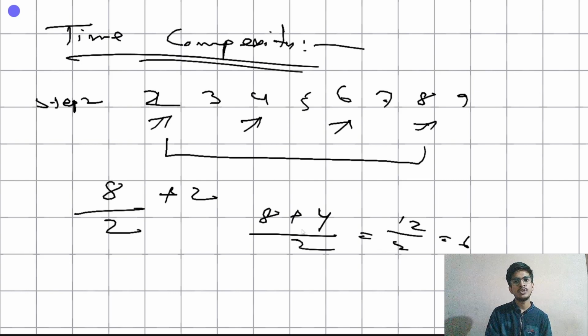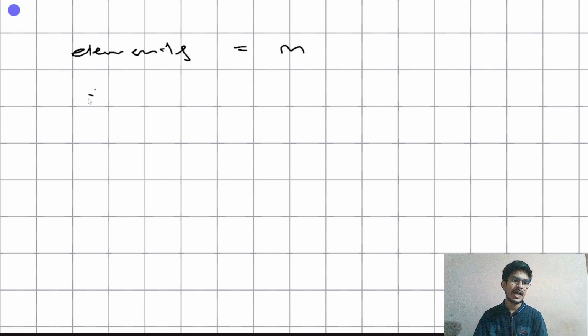Now assume we have n elements, equal to n, and that means the step is equal to root of n.